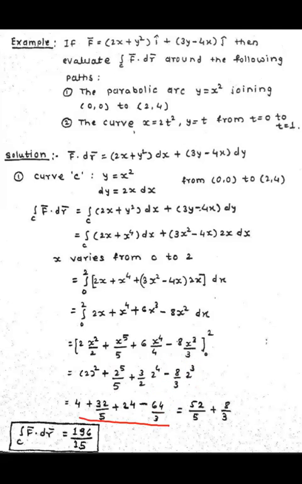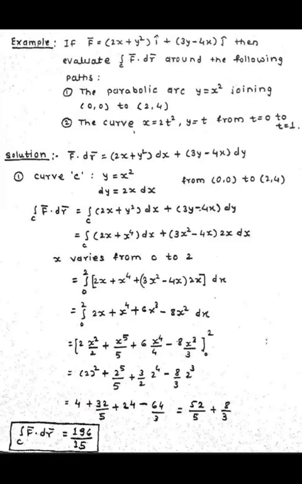After taking the LCM of the first two terms, we obtain 52 by 5, and after taking the LCM of the last two terms, we obtain 8 by 3. After simplifying, we obtain the answer of the line integral as 196 by 15.